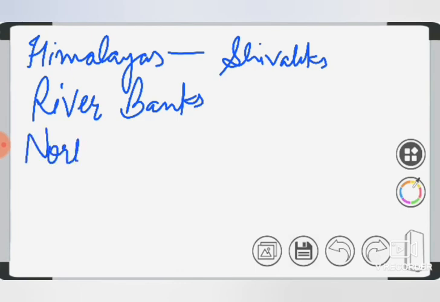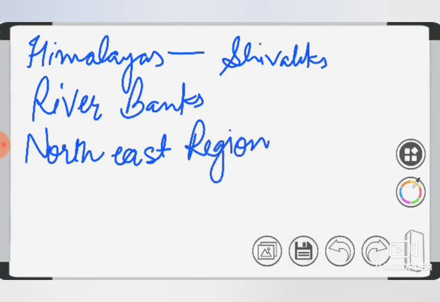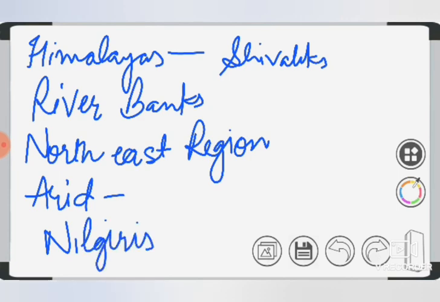Northeastern region, rainfall is very heavy over those regions, this we have discussed. Then the arid regions, where wind erosion can be there. Then comes the Nilgiris, again due to heavy rainfall, erosion can be there.